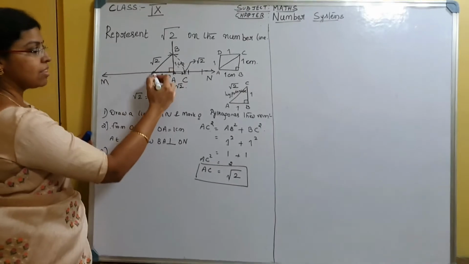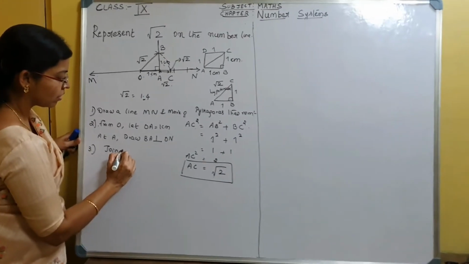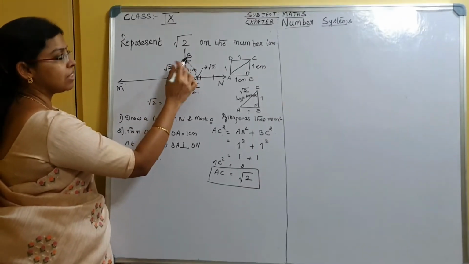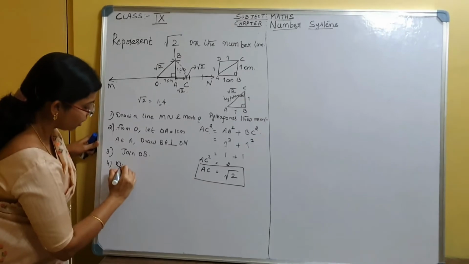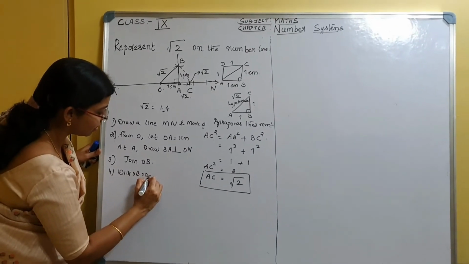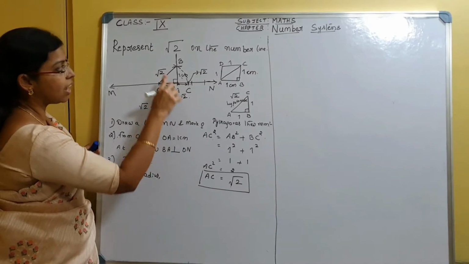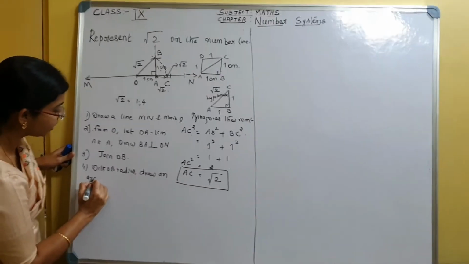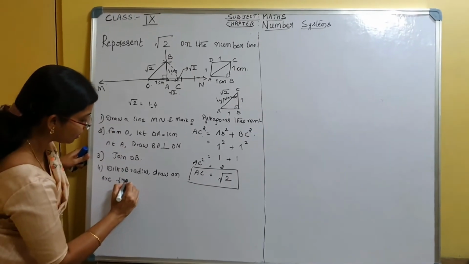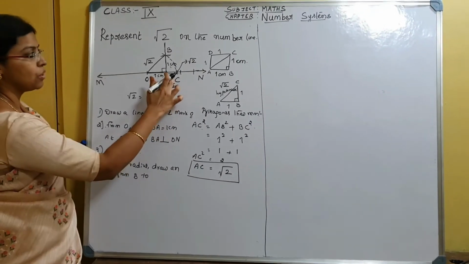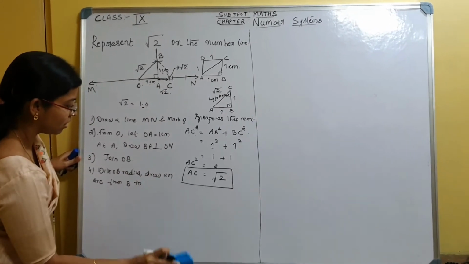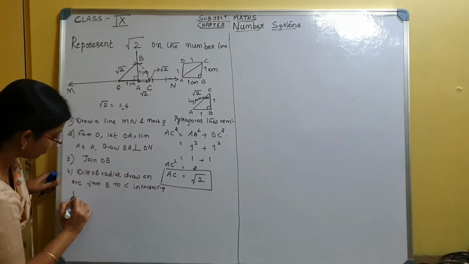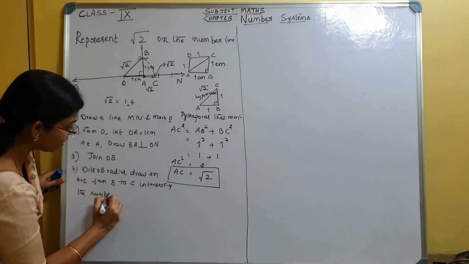Now the third step was to join OB. And what is the length of OB? It is root 2. With OB as a radius, draw an arc from B to C, intersecting the number line.